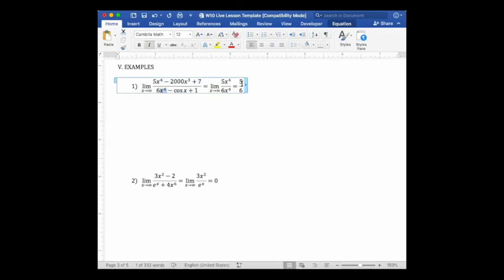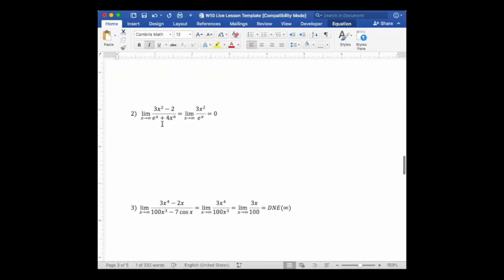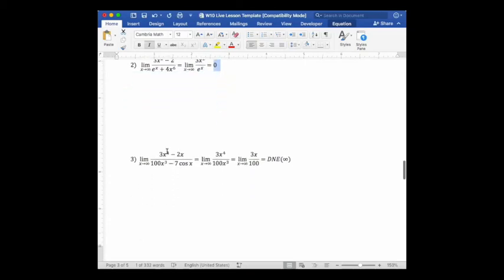And we got, as a result, the ratio of the lead coefficients, which you might remember from last week. In number 2, ultimately the denominator was growing faster than the numerator, therefore we got 0. And in the third example, ultimately the numerator was growing faster than the denominator, so we got infinity. Okay, so that's a quick summary of how all of this works.